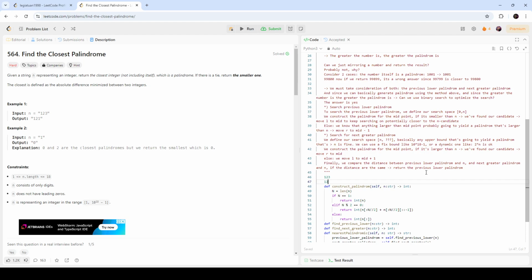We need to take it and then reverse the rest. So rather than taking up to only n divided by 2, we're going to take n divided by 2 plus 1, and then just take the first half and reverse.